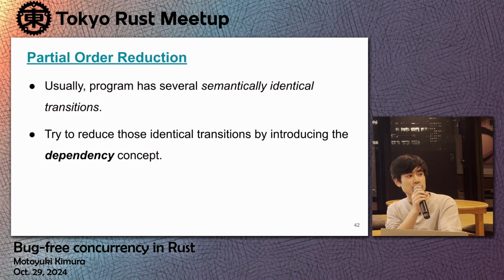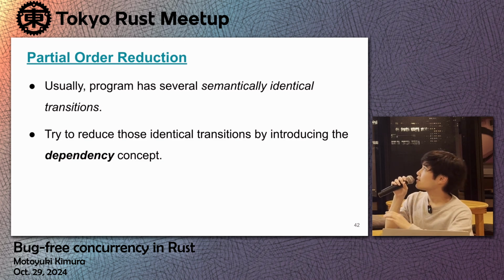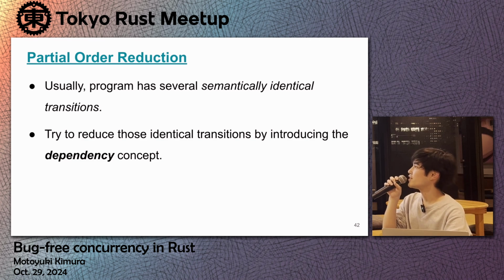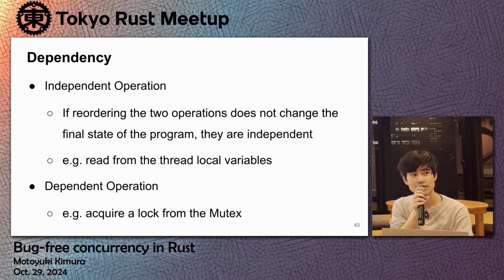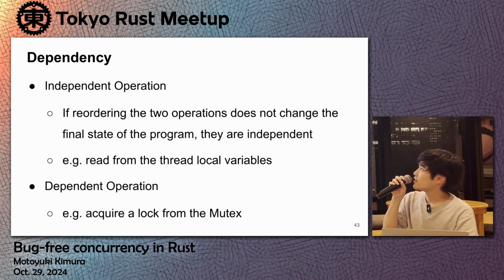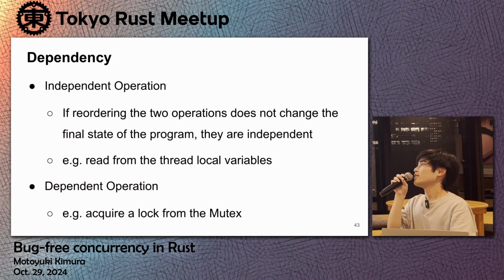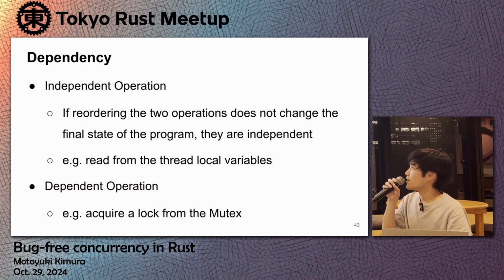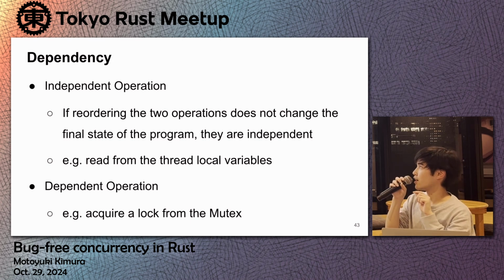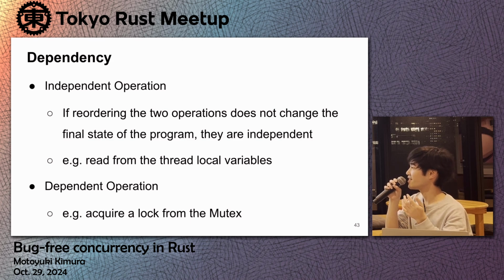So back in the day, researchers found that usually a program has several semantically identical transitions. So they tried to reduce the state transitions by introducing the dependency concept. So what is a dependency? Well, dependency in this context is a way to tell whether 2 operations are independent or dependent, like the word suggests.